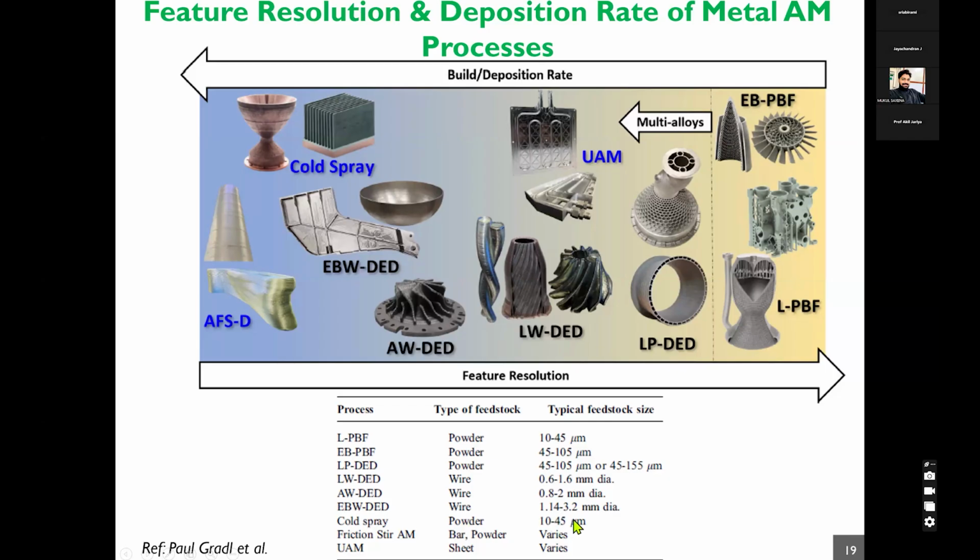The powder size in the case of cold spray is again 10 to 45 microns, which is similar to laser powder bed fusion. Only because there is no fusion of the powders involved, you are able to achieve very high build deposition rates. Whereas in all other processes, there is fusion of material involved, except for additive friction stir deposition.